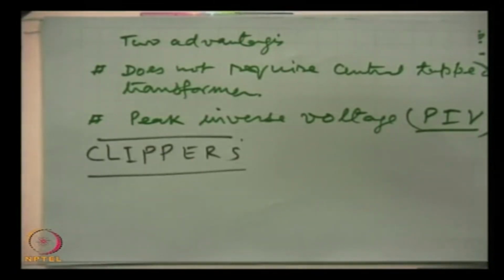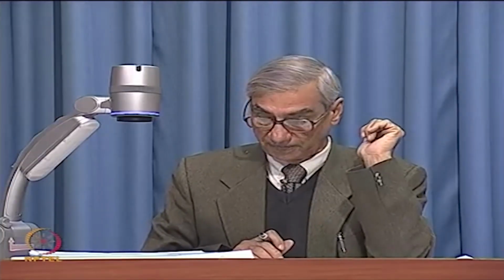Many times in electronic design systems, we require circuits to restrict the amplitude of a signal. That means we want to chop off, to cut the upper portions of the voltage beyond a certain reference voltage. These are known as clippers.